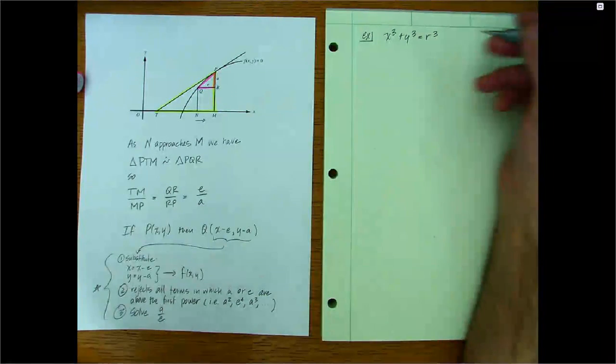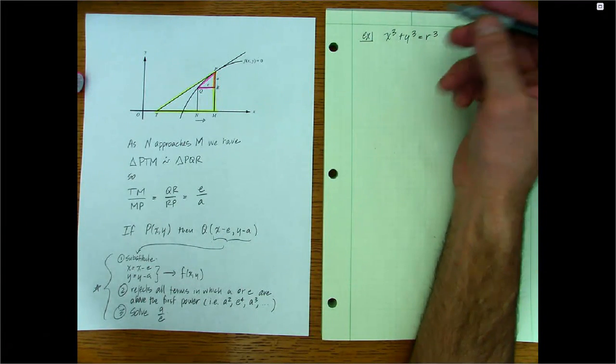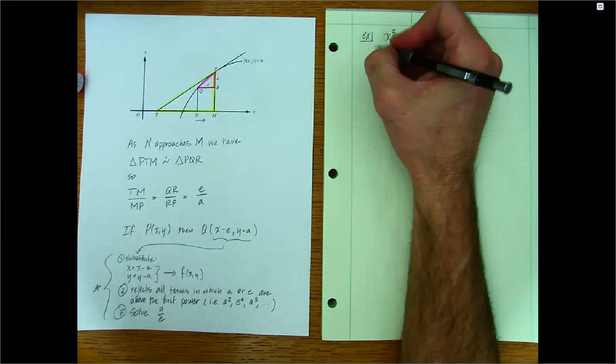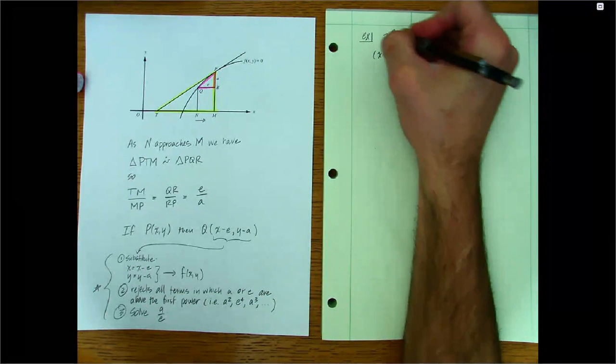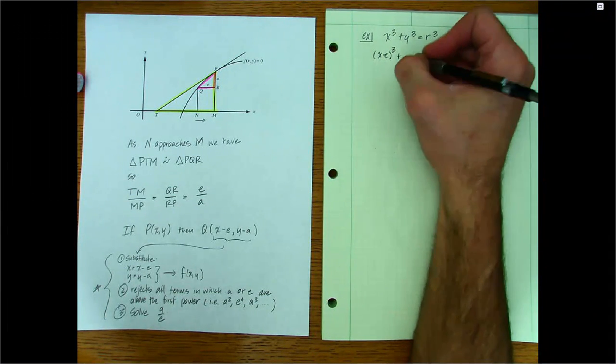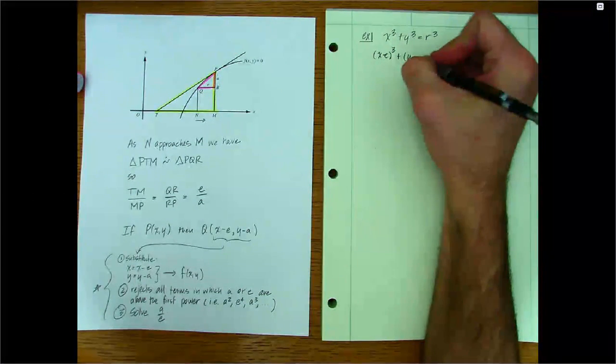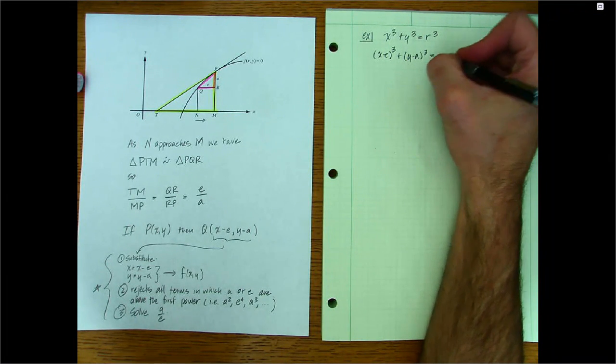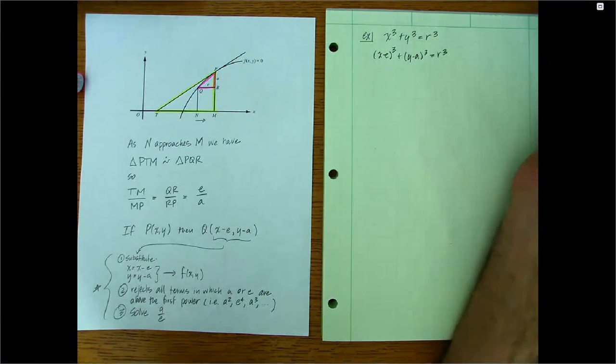The first thing I would do is substitute in x minus e for x and cube it, and substitute y minus a for y and cube it, and we'd let that be equal to r cubed, some constant.